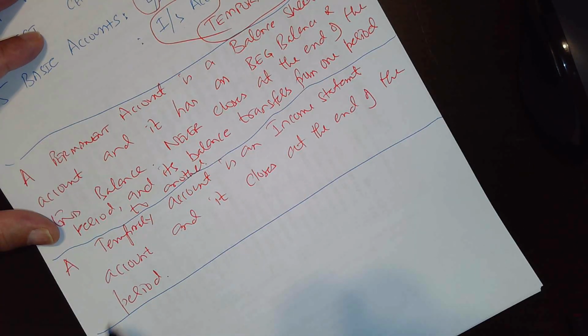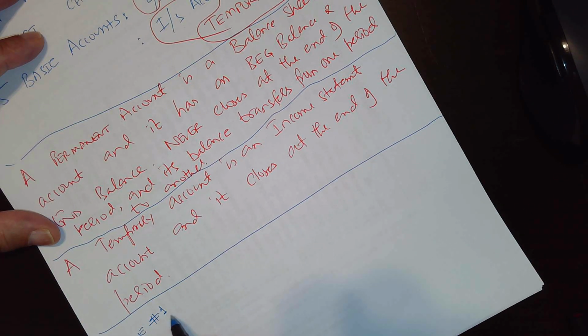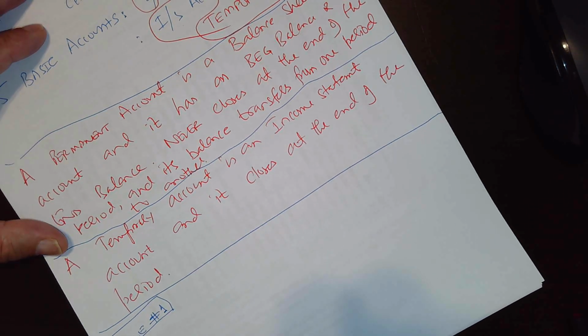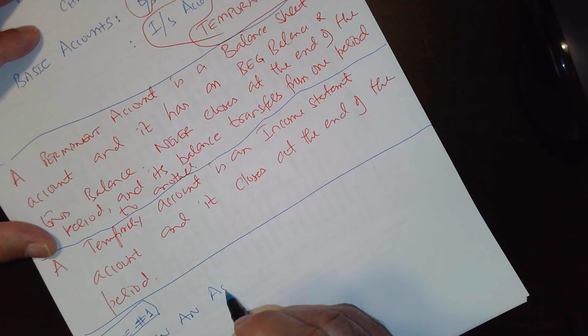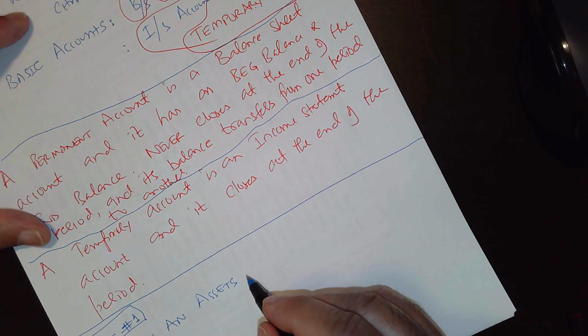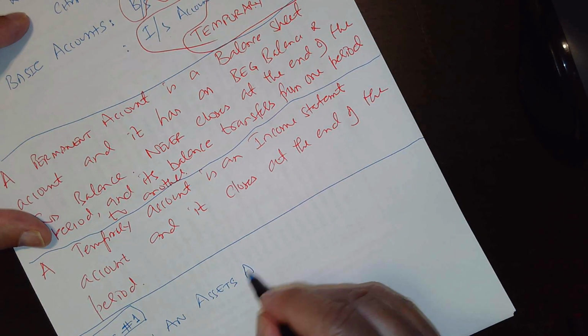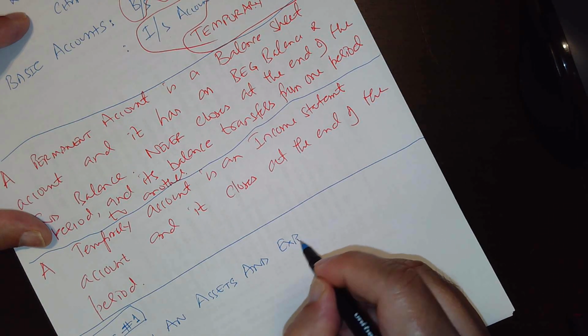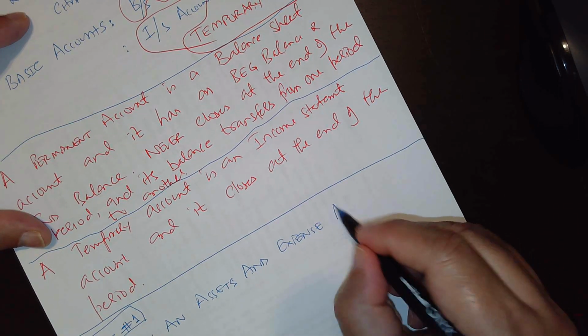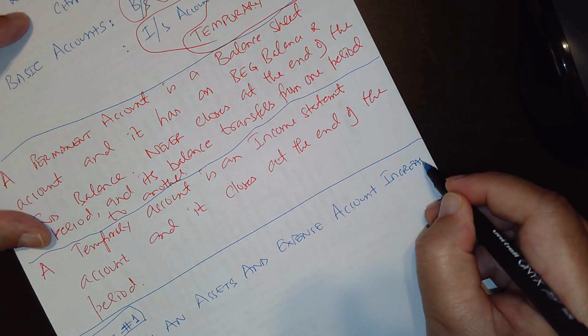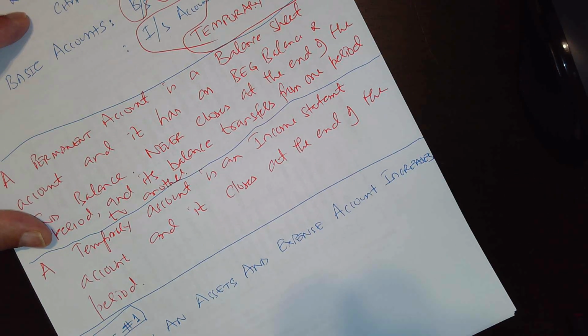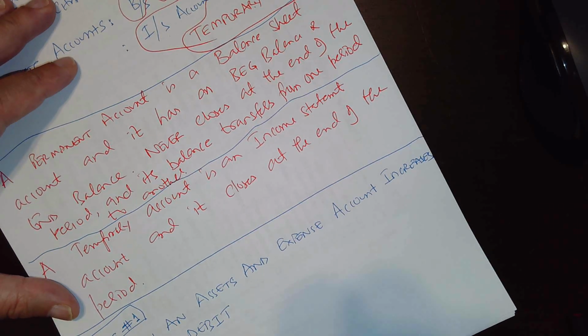Okay, so the first rule I am going to give you: when an asset and expense account increases, we debit. All right, so that's the first one.